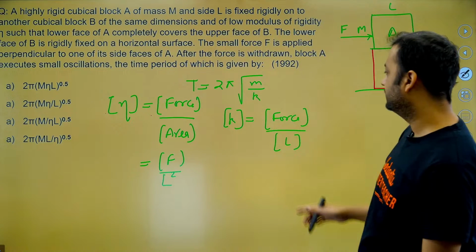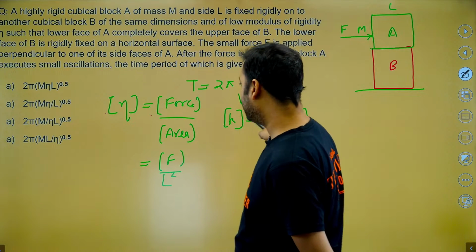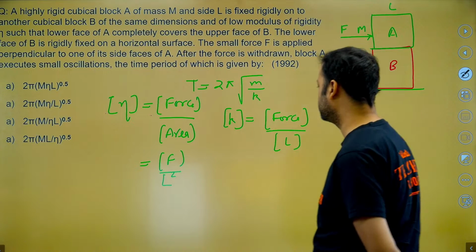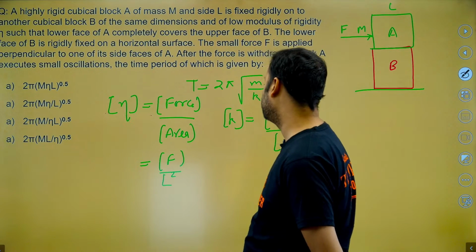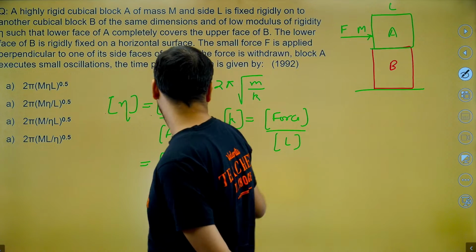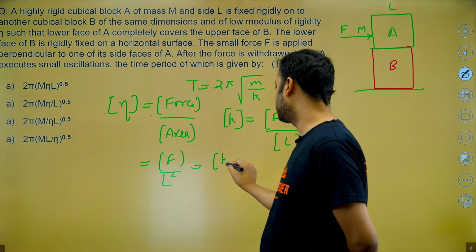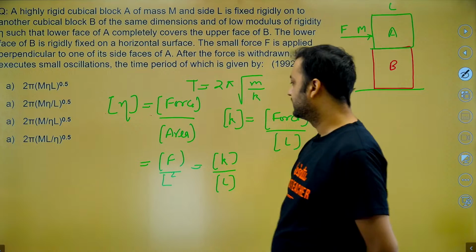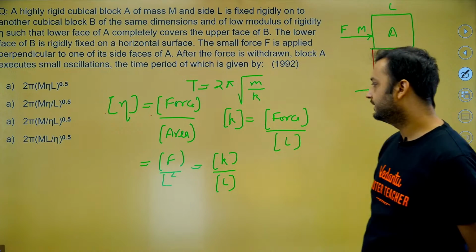So if you think carefully, k has a dimension of force per unit length, and eta has a dimension of F by L square. So we can write eta as dimension of k upon dimension of length, because force upon length I have written as the dimension of k, and one length will be remaining.